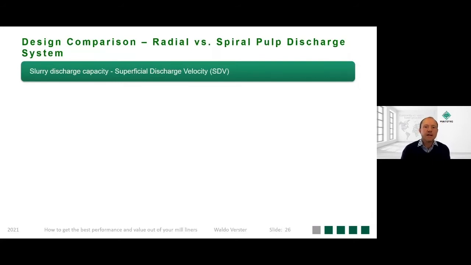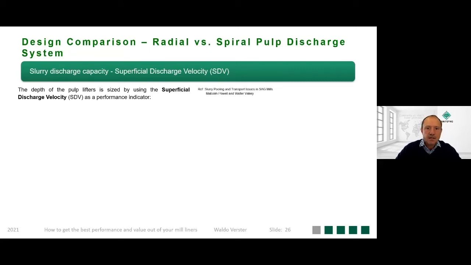So how do we size the pulp chamber depth or the pulp chamber length? One way of doing it is to look at the superficial discharge velocity. The superficial discharge velocity, or SDV, is the volumetric flow rate per unit open area in your grate.